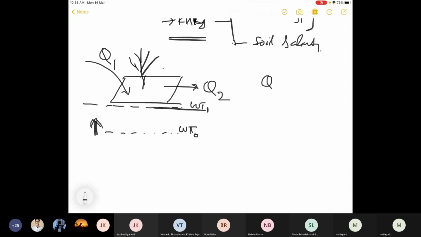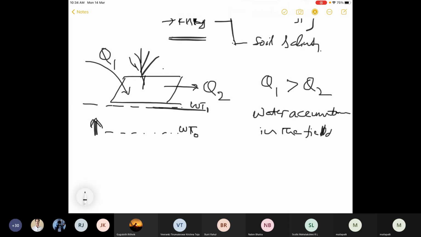Suppose Q1 is greater than Q2, then definitely the water will be adding to the groundwater, right? That means the groundwater is rising up, and since the water is not going out, it will be accumulated. So there is water accumulation in the field.